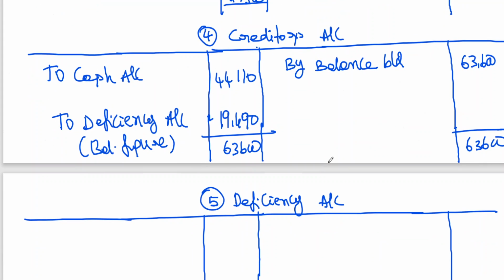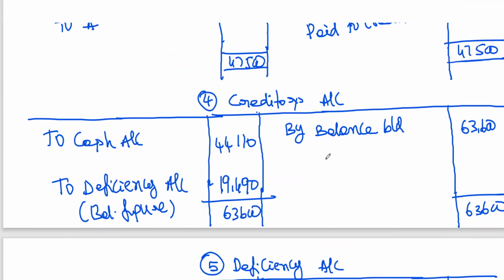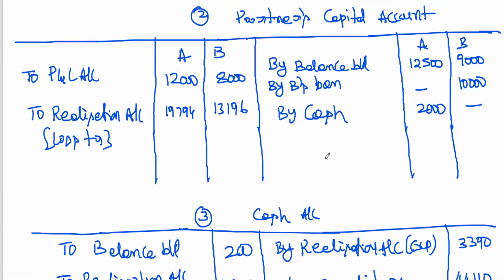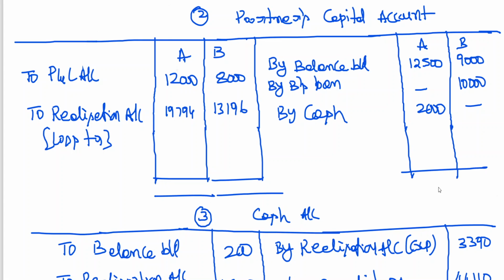Now this deficiency, since it is written in deficiency by Creditors, this is the amount that is unpaid to Creditors, and it must be equal to the amount that is not brought in by the partners. We need to cross check that. Now obviously A's capital account and B's capital account are showing debit balance.